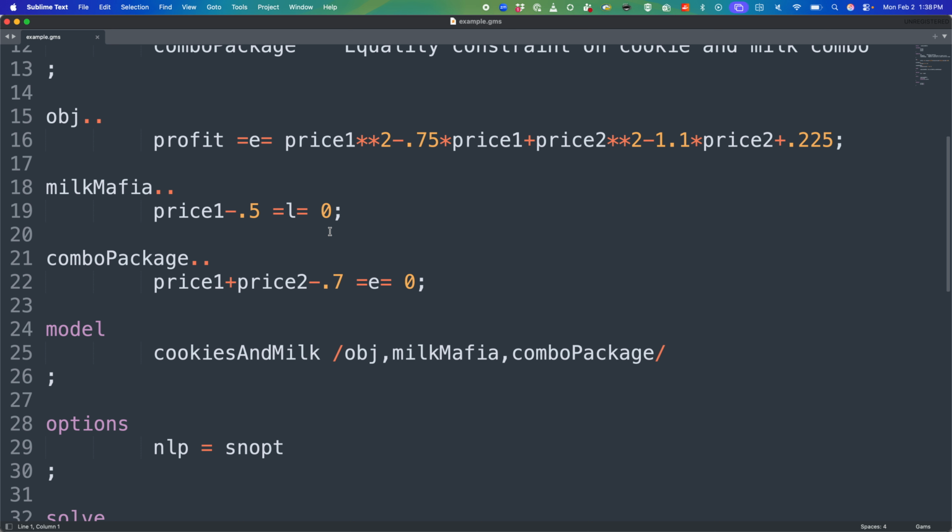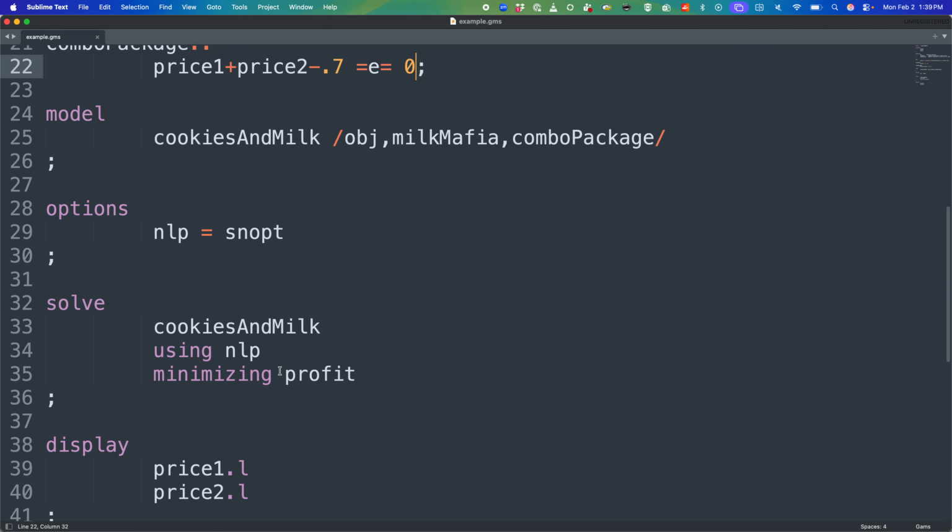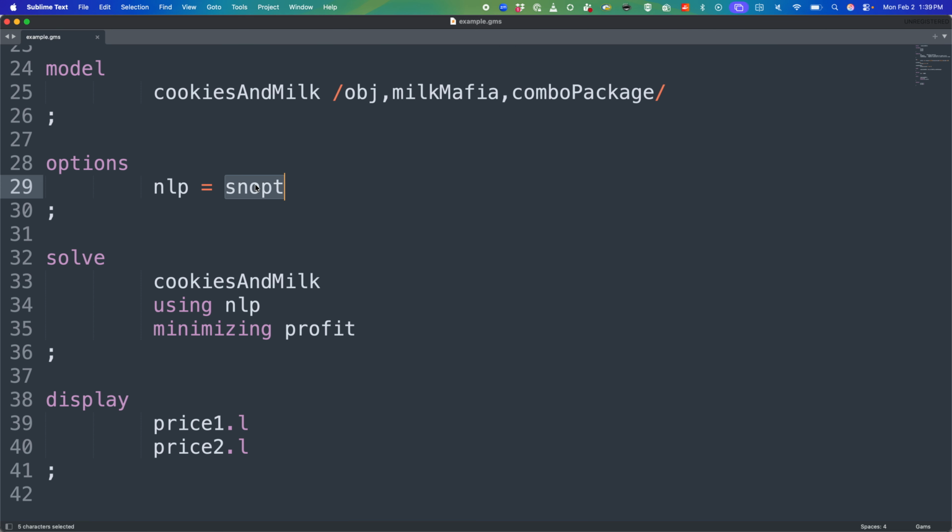Here we were able to add in our constraints. I call it the Milk Mafia constraint and the combo package constraint, and you just write it out like this: Price 1 minus 0.5 is less than or equal to 0, and then P1 plus P2 minus 0.7 is equal to 0, and then we solve it with a particular algorithm.